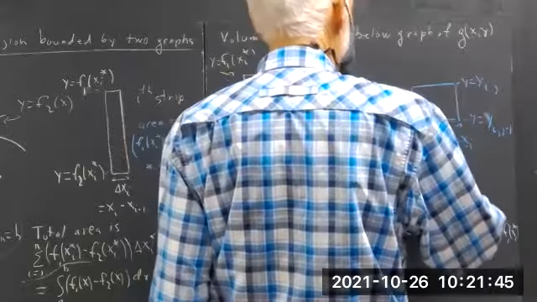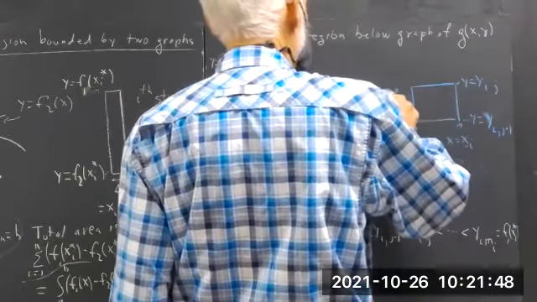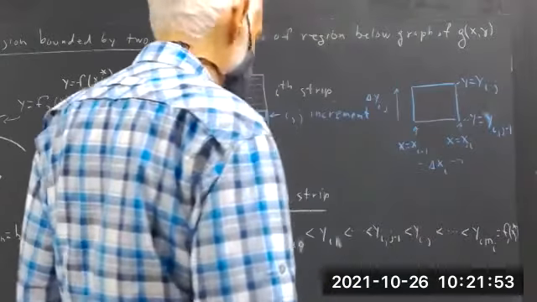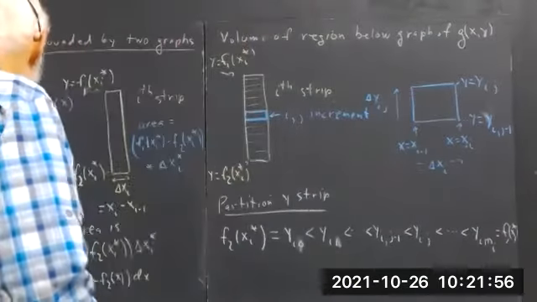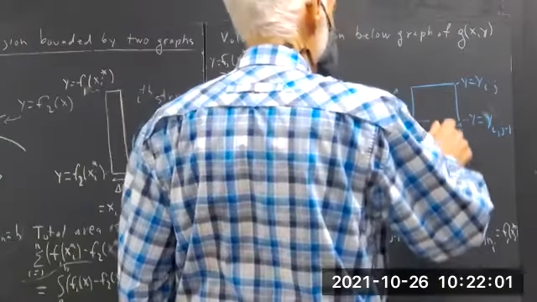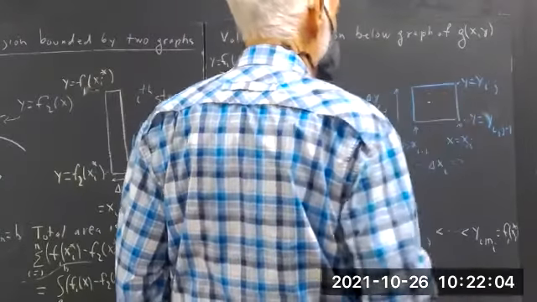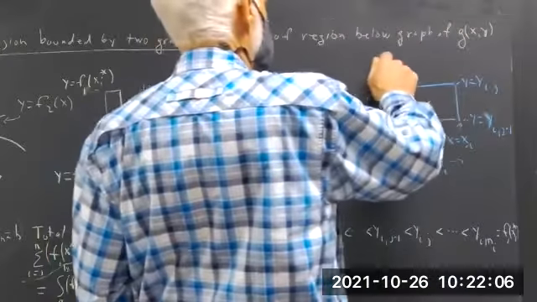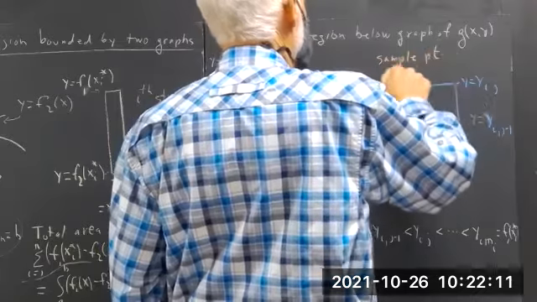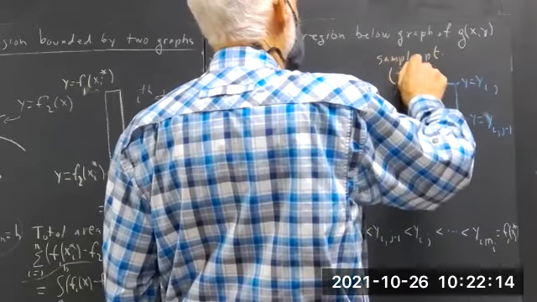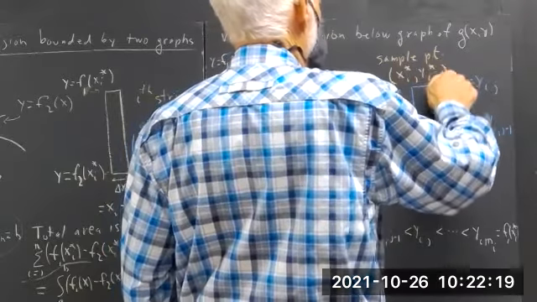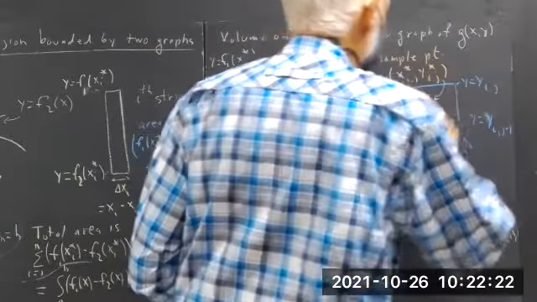And of course, we have a delta y i j. We still have our sample point at coordinate x equals x i star. We'll also have a y i j star.